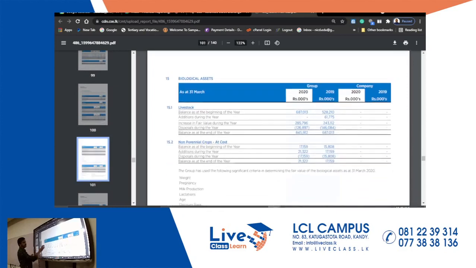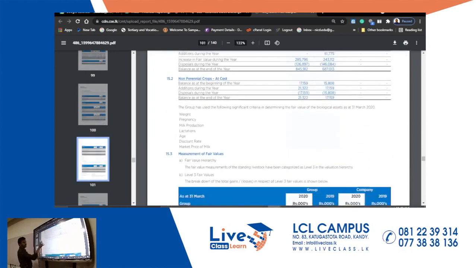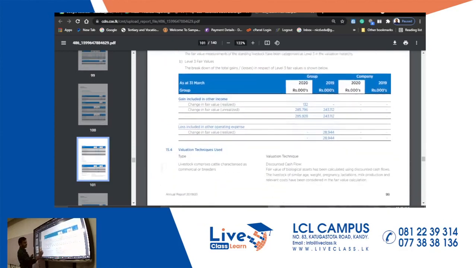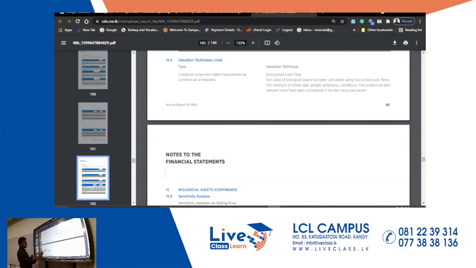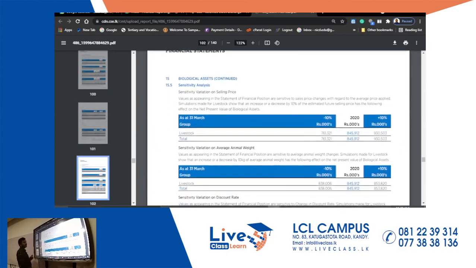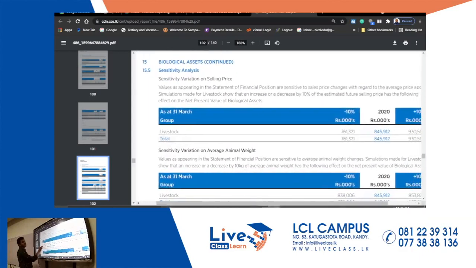All right, this is note number 15, biological assets. This is where I extracted those things too. See the valuation techniques they used. Look at this, these are the things you are asked to disclose. Then sensitivity analysis on the selling price. Just by reading this you will understand what it says.